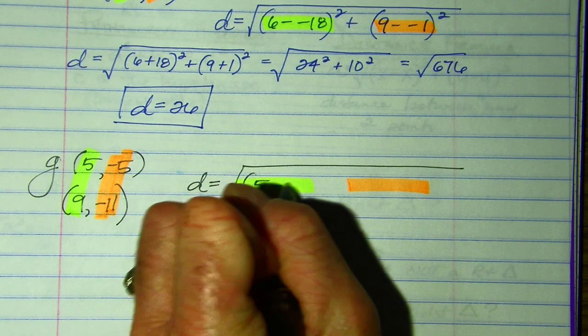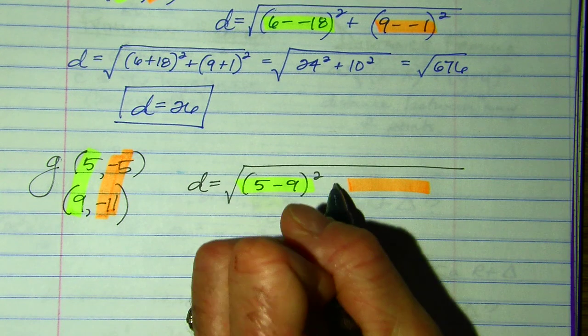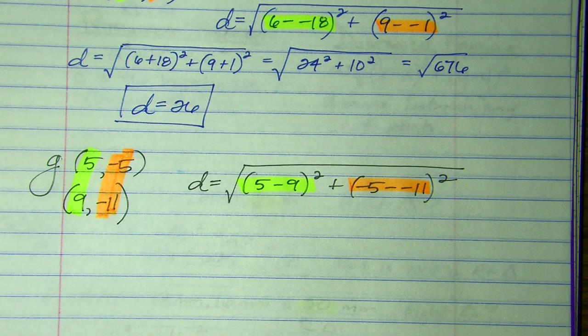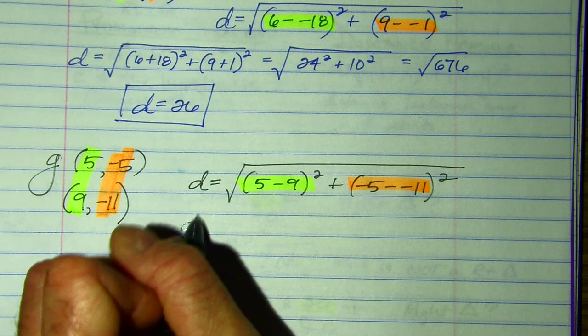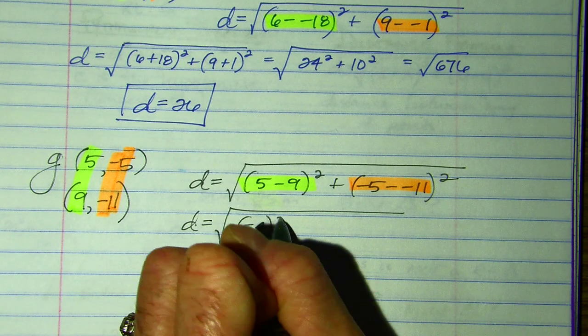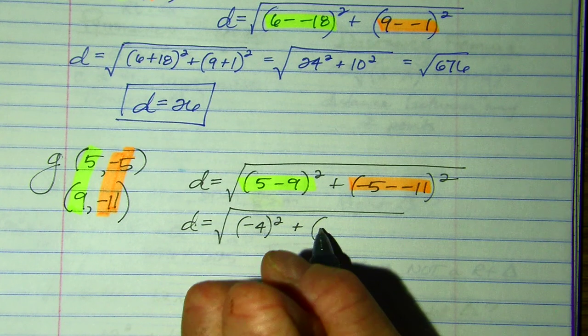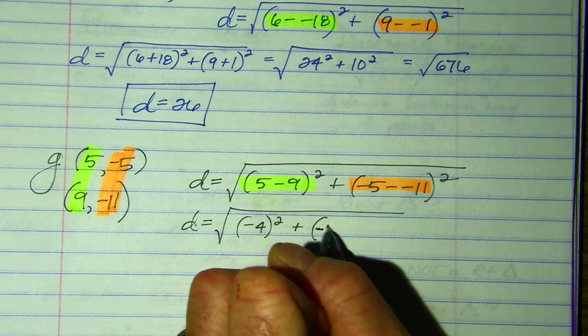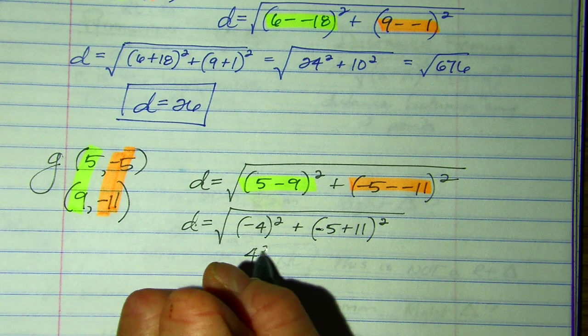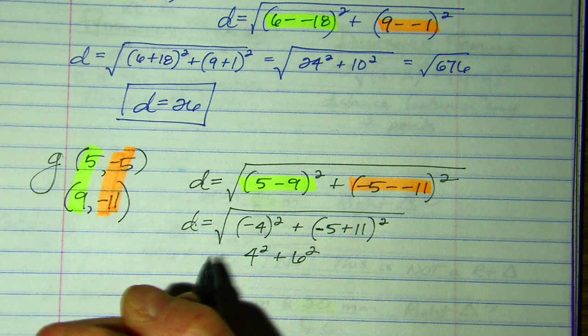So 5 minus 9 squared plus negative 5 minus negative 11 squared. I'm going to simplify each one. So this is negative 4 squared plus, this is negative 5 plus 11. So that would be 4 squared plus 6 squared.